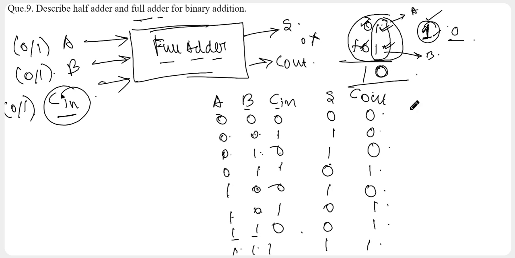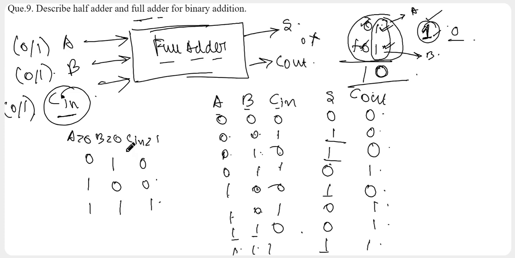Okay, and now as we have done in the previous half adder case, we will see where we are getting S as 1. We are getting S as 1 for 4 scenarios: when A is equal to 0, B is equal to 0, and C in is 1; when A is equal to 0, B is equal to 1, and C in is 0; A is equal to 1, B is equal to 0, and C in is 0; and A is equal to 1, B is equal to 1, C in is 1.